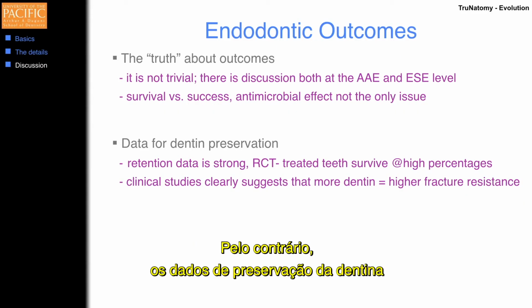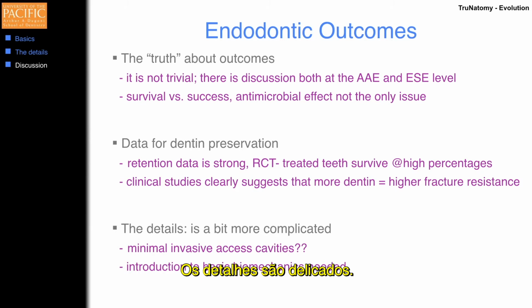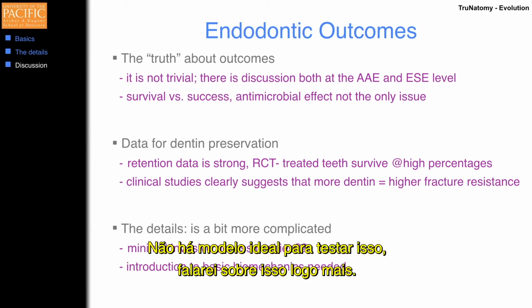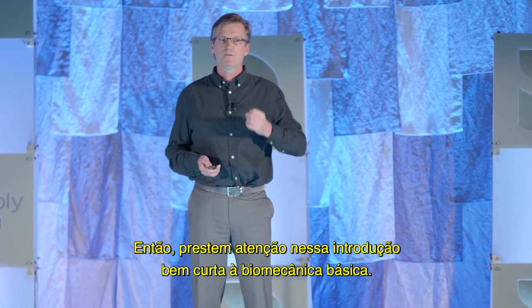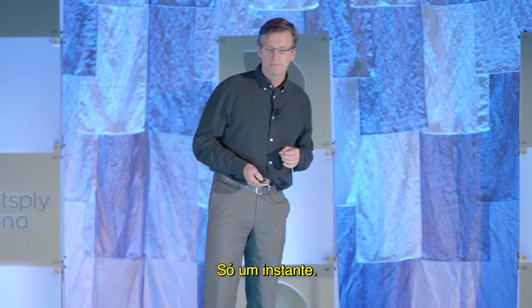To the contrary, the data for dentin preservation and the association that dentin preservation has with fracture resistance is pretty strong in general. The details are tricky. There's no ideal model to test that, and I will tell you also about that in just a couple of seconds. So bear with me for a very brief introduction to basic biomechanics, very briefly.